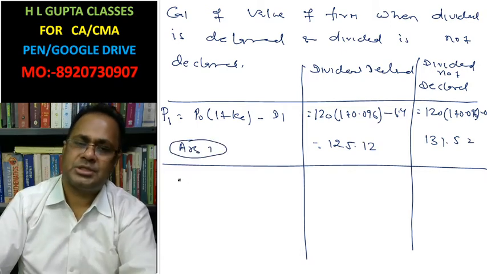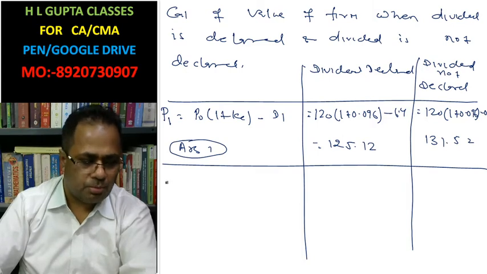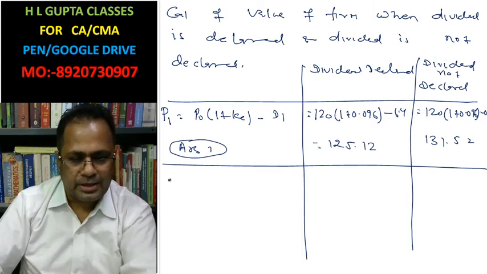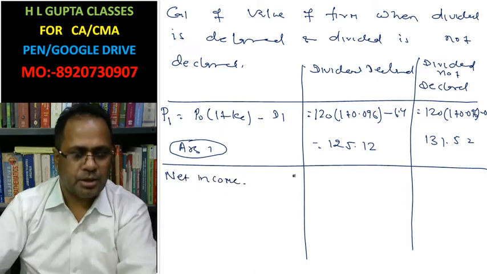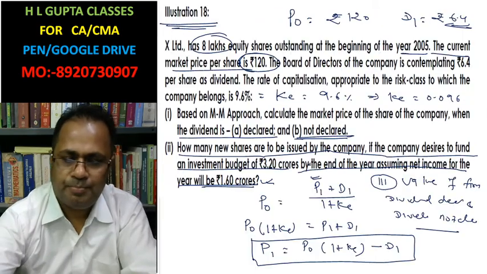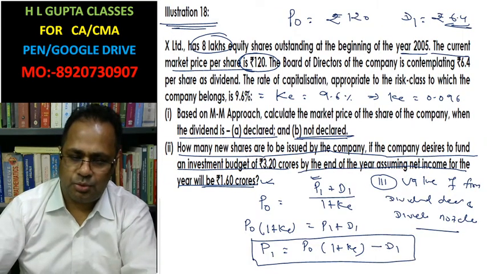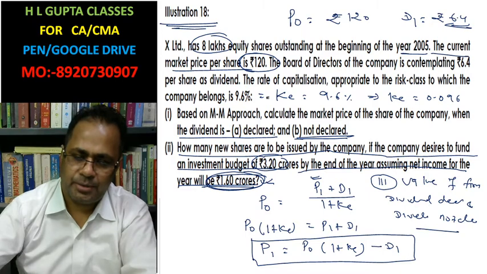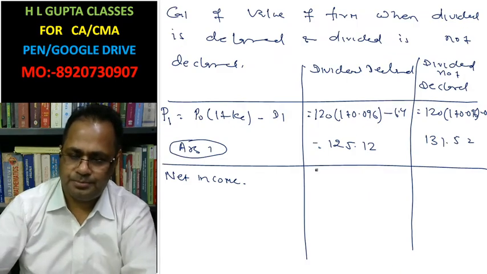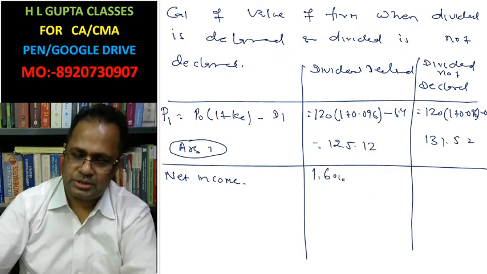For the second and third parts, I am going to solve the total net income. Net income given in the question is 1 crore 60 lakh.